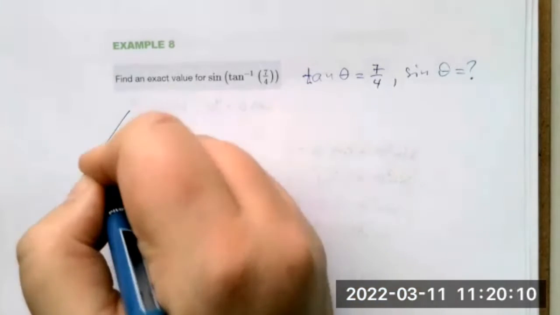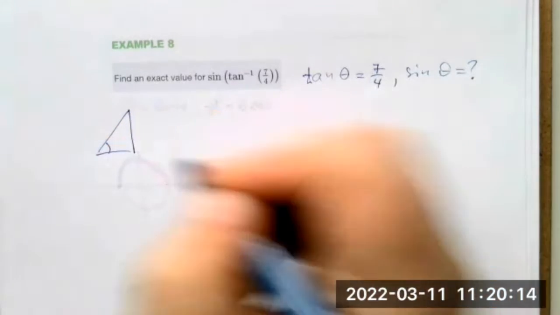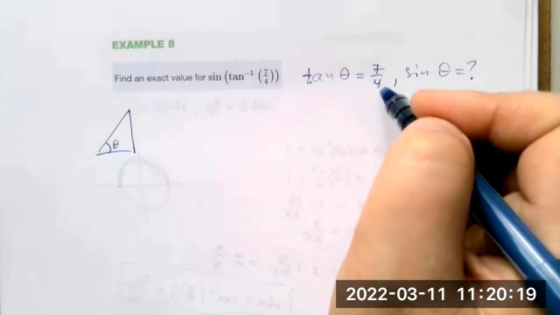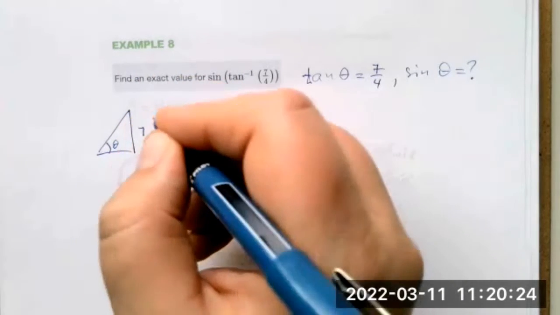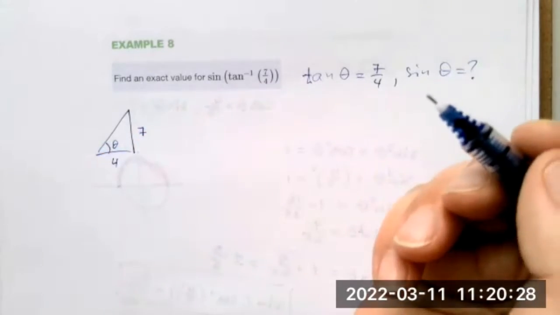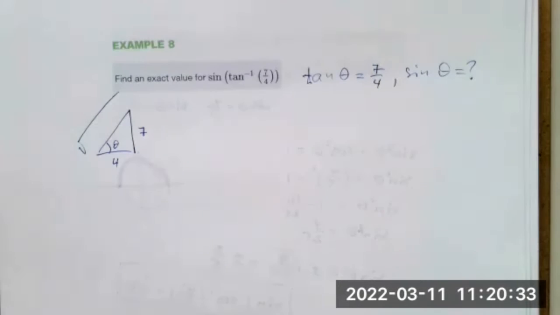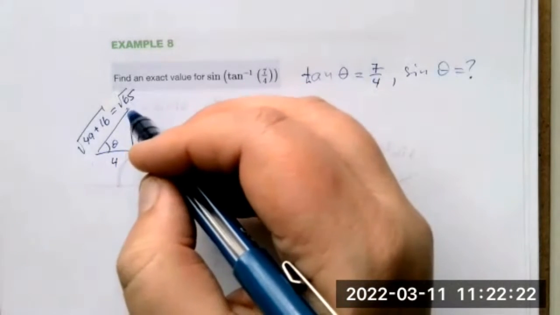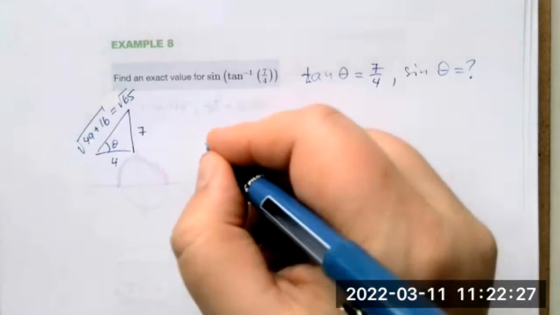So if we draw this triangle, this is our angle theta. The tangent is 7/4, so opposite over adjacent, we have 7 over 4. What's the hypotenuse? Well, we can always find the hypotenuse, which is going to be the square root of 65. So now what's the sine?